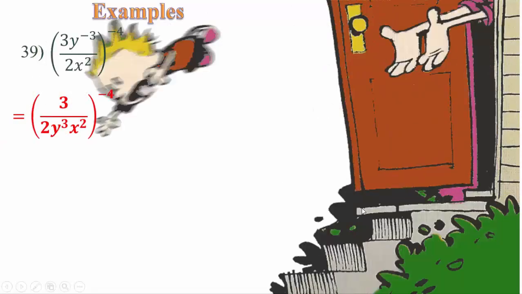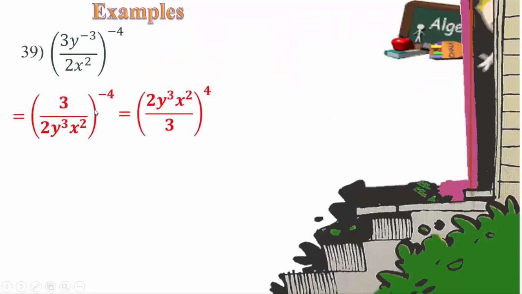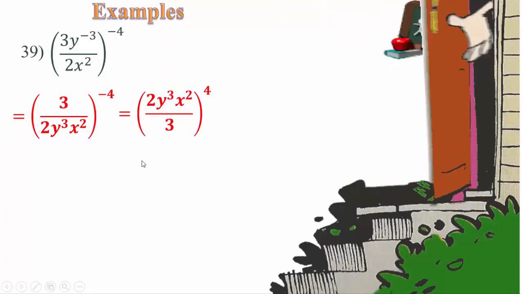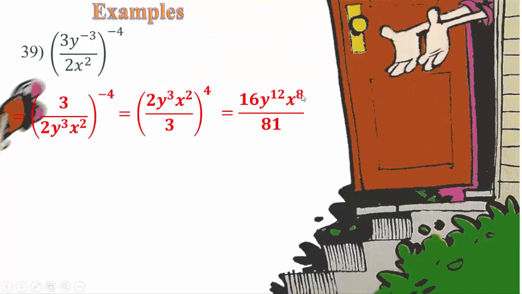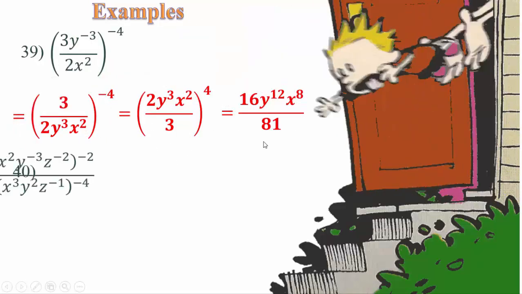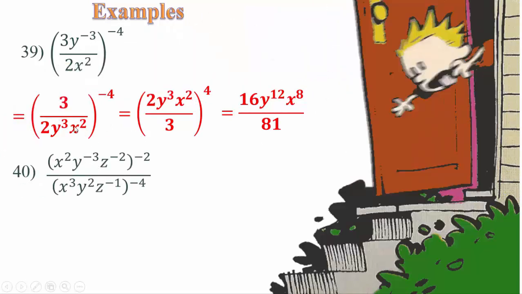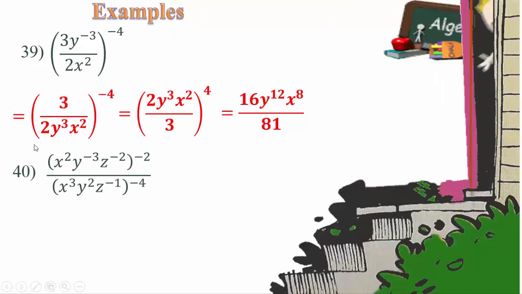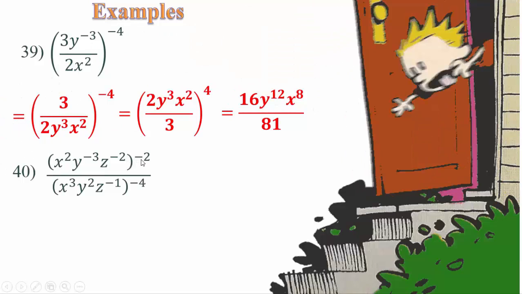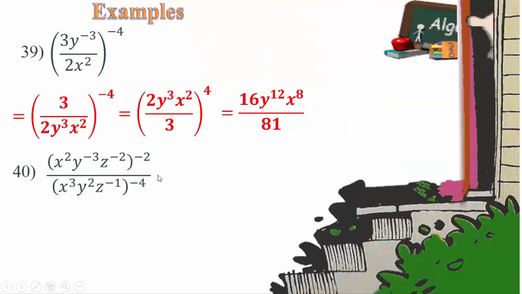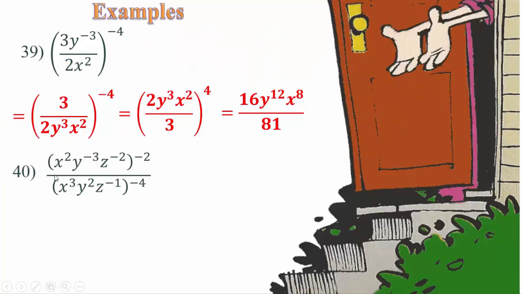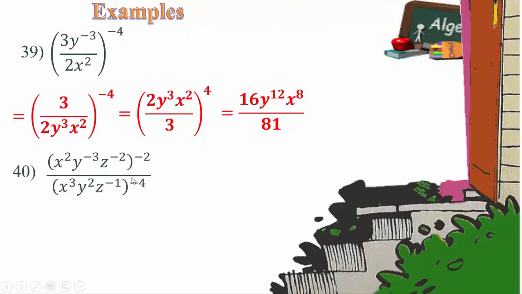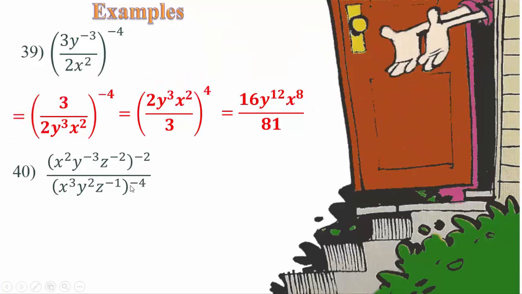Summarizing example number 39, what I did was get rid of the negative exponents inside the bracket, and then I flipped it over and worked it out. In number 40, we have this. Now notice how the bracket, this is to the negative 2, and it's only this. It's not the entire quotient. And this bottom one is to negative 4.